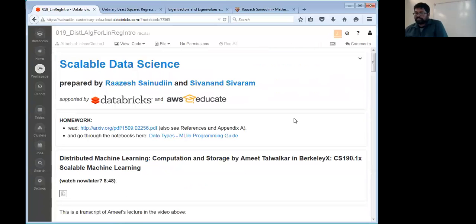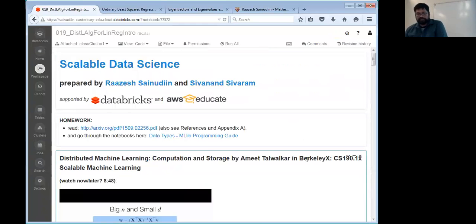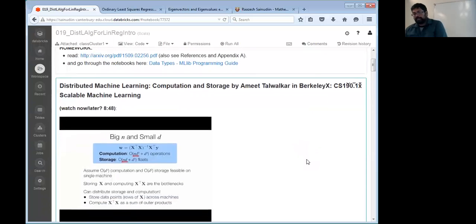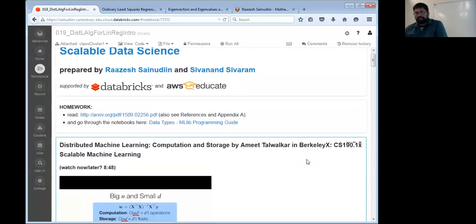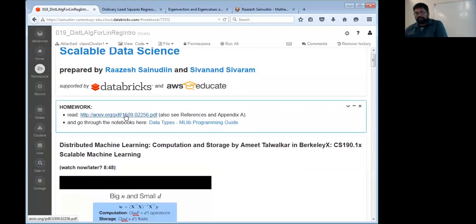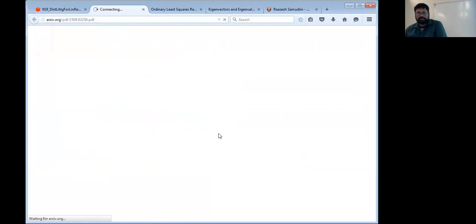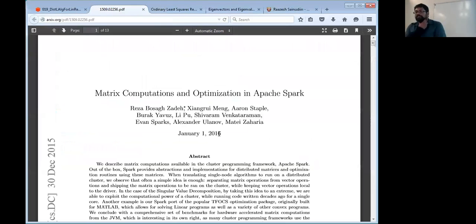So now let's get into distributed linear algebra. Once again, here's a reference. This is a very brief paper, but the references and the appendices in it are very, very good.